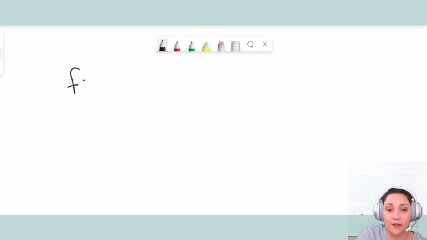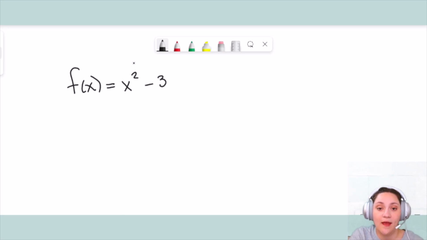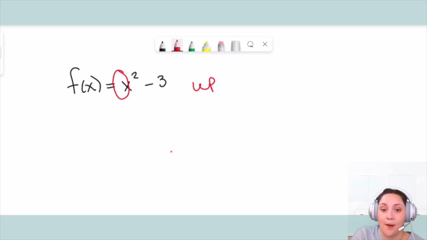So for example, we can look at another equation. f of x is equal to x squared minus 3. Now this is already in standard form because it's in descending order of degree. And all I need to do is look at the coefficient here, which is positive 1, so it opens up.